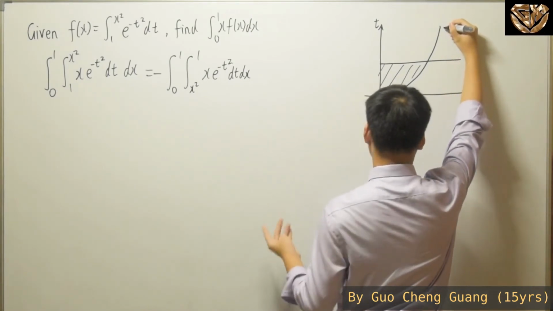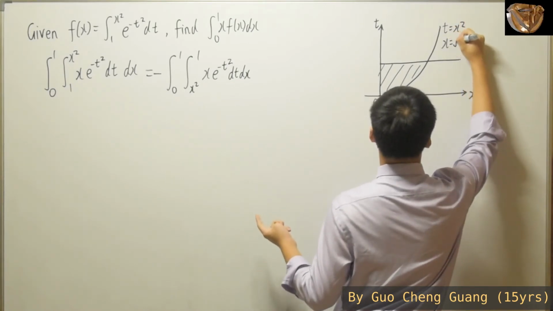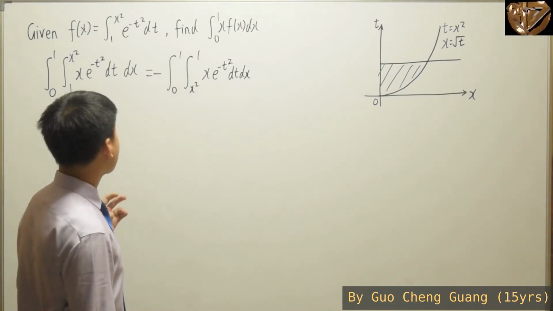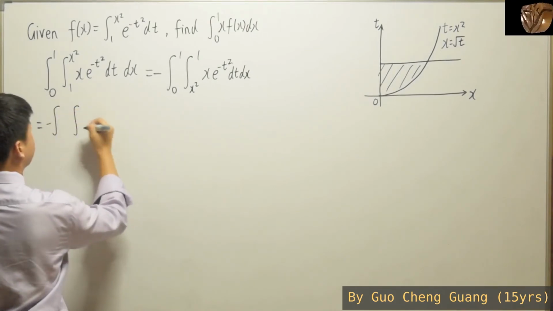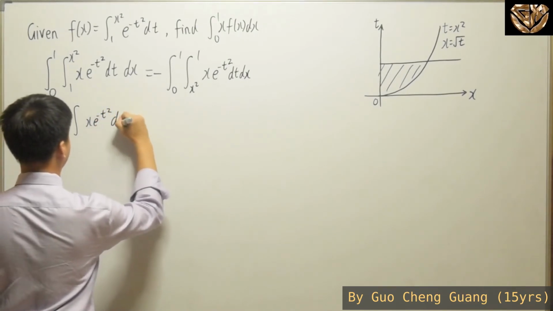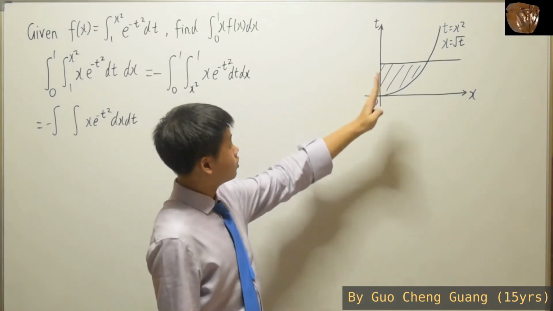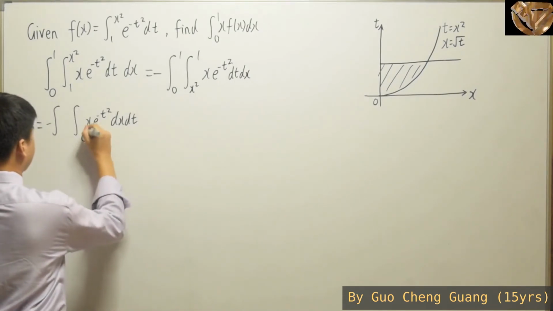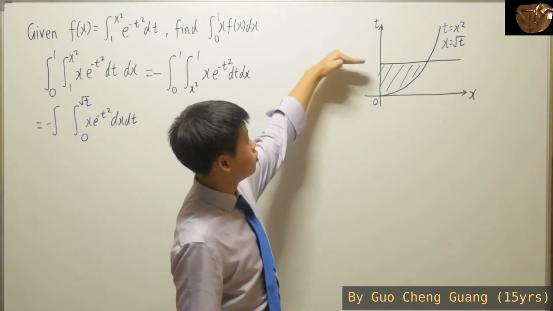Originally it is t equal to x squared, so x is equal to square root t. So when we integrate with respect to x first, dx dt, x goes from 0 to square root t, and t goes from 0 to 1.